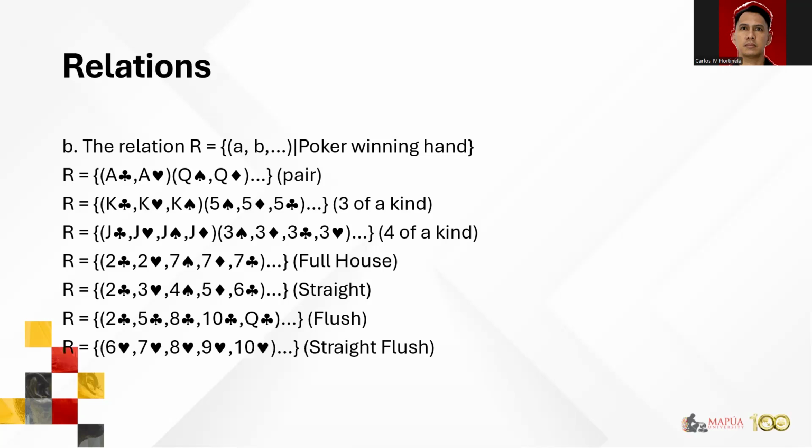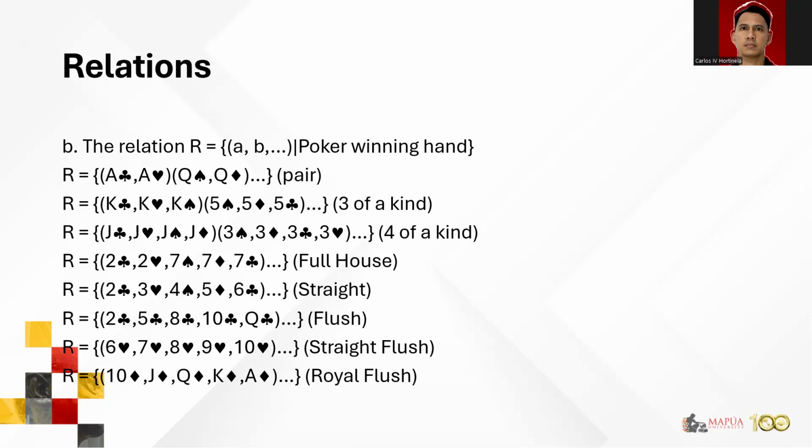Now, if you have both cards that are sequentially ordered and they are of the same suit, then it's referred to as a straight flush. And finally, you have the last five card winning combination, which is called or referred to as the royal flush.